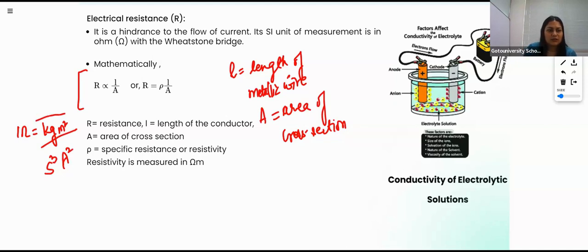So this is the unit for calculating electrical resistance.